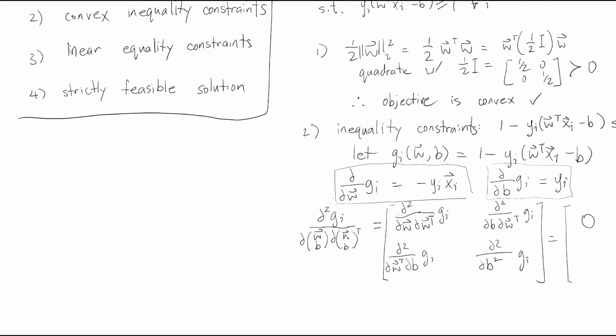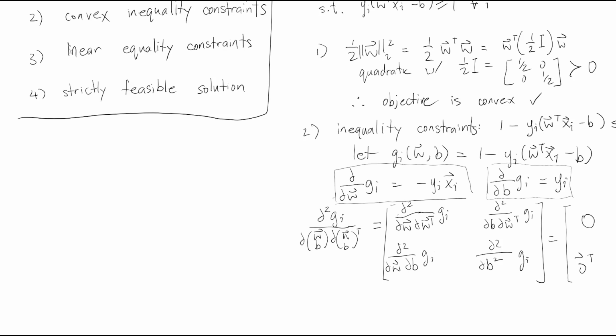And when we first take the partial derivative with respect to w, the result doesn't depend on b. So we get zeros there. You can go back and check the dimensions, but there should be a transpose here. Lastly, when we take the partial derivative with respect to b twice, we also get 0.